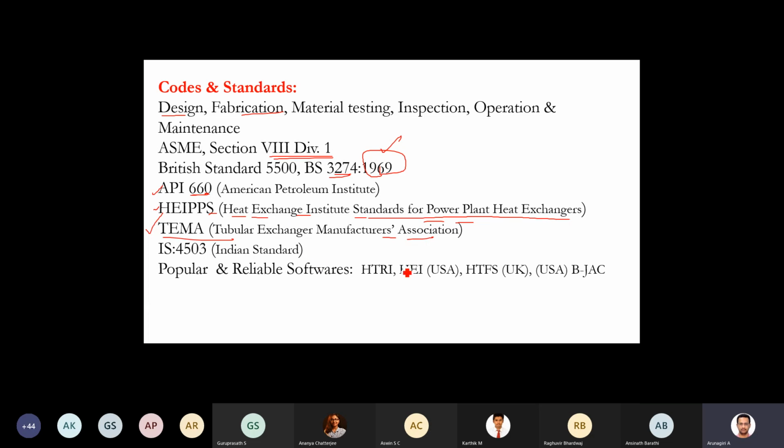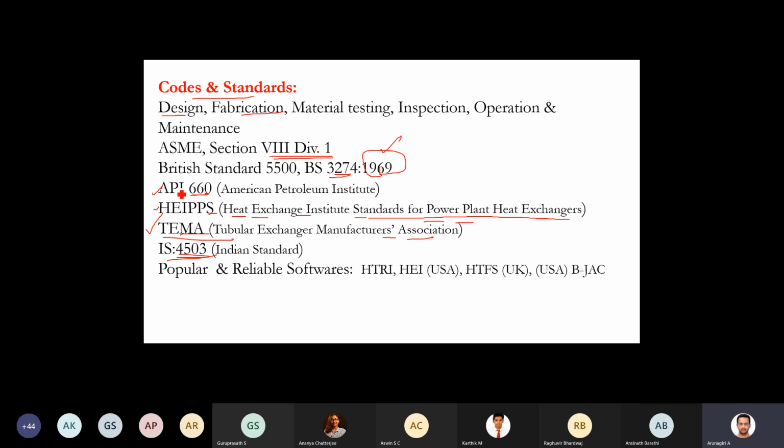This association has many members who are doing this business, around 22 companies registered here. They regularly meet, discuss and update their codes and standards. The Indian equivalent of TEMA is Indian Standard 4503, used for cylinder heat exchangers.